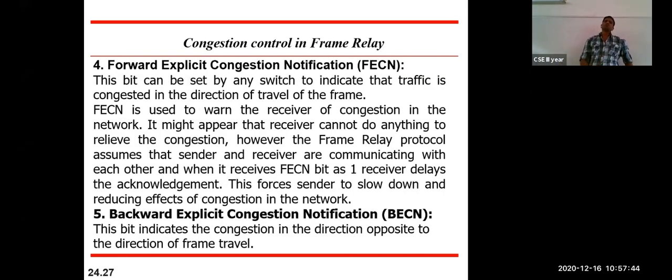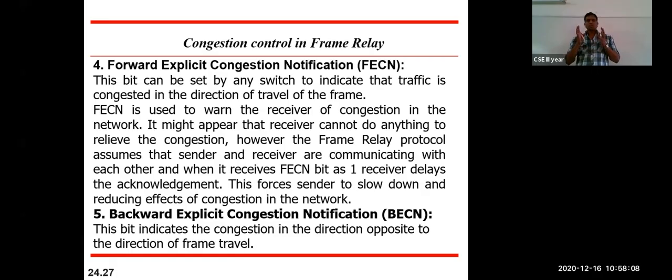Then comes your two most important bits. Forward explicit congestion notification, and the next one is backward explicit. Let's talk about FECN, forward explicit congestion notification. This bit can be set by any switch to indicate that traffic is congested in the direction of travel of the frame.